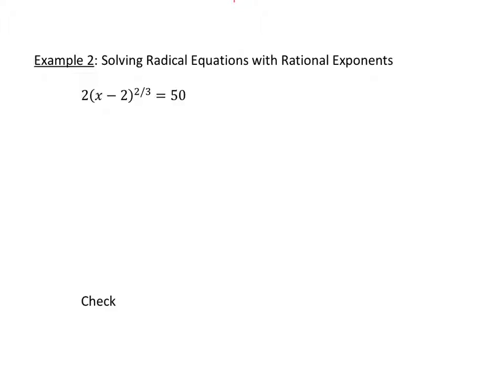Before we try to get rid of that exponent, we need to get the x and whatever's with the x and its exponent by itself. So that's first. What does that mean we need to move? The 2, right?